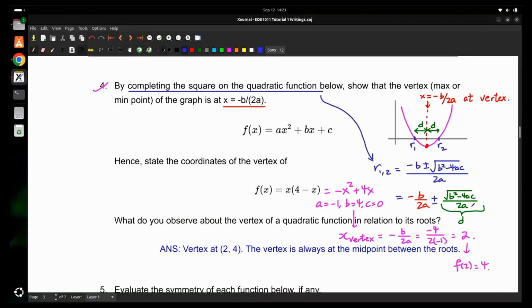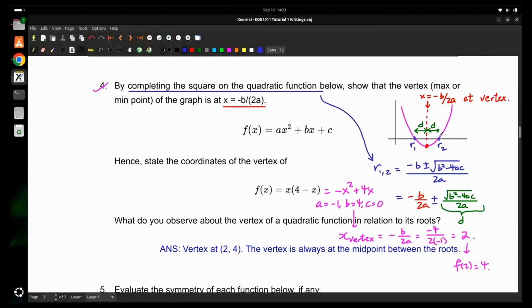So the understanding you need to adopt here is that it's really just one number plus or minus the same distance d. What does that mean? That means the roots have equal separation of d from a central value. So there's a central value, you minus d, you get R1, you plus d, you get R2.